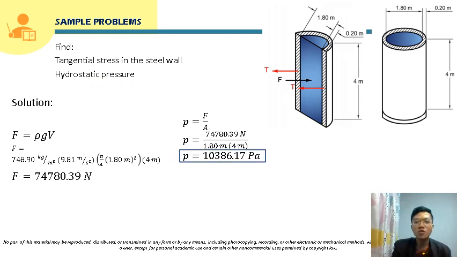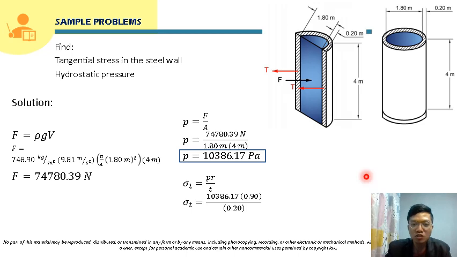Now, if we are going to solve for the tangential stress in the wall, this wall of this cylinder will be subjected to a tangential stress, or a circumferential stress. The formula for that is PR over t, wherein P is the pressure, R is the inner radius, and t is the thickness of the wall.